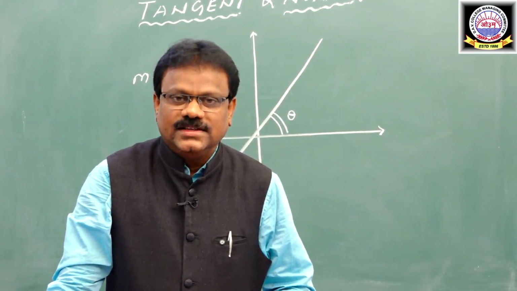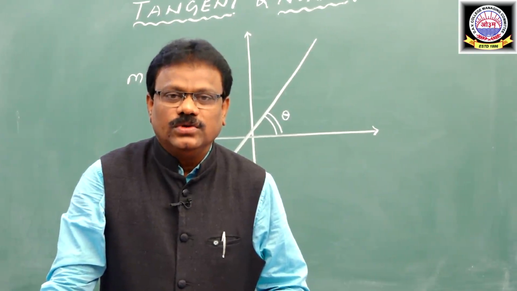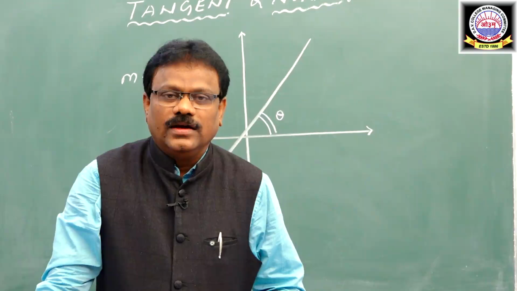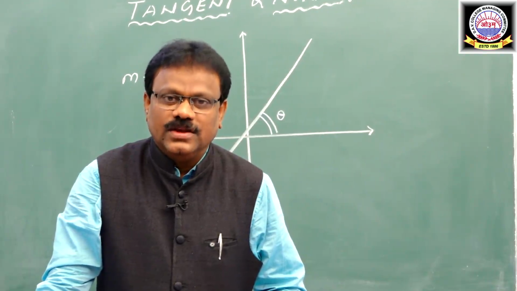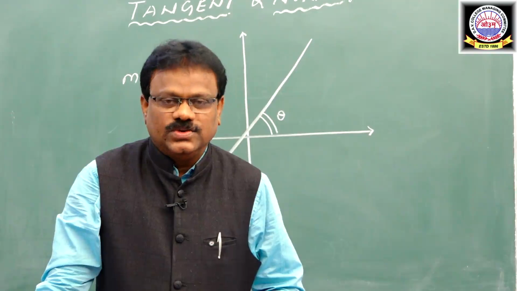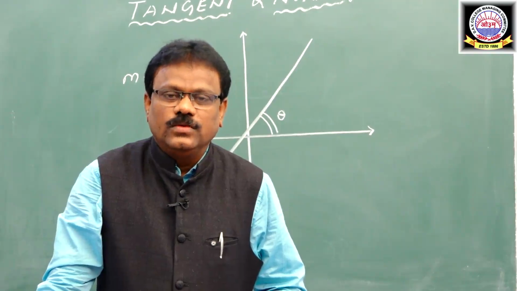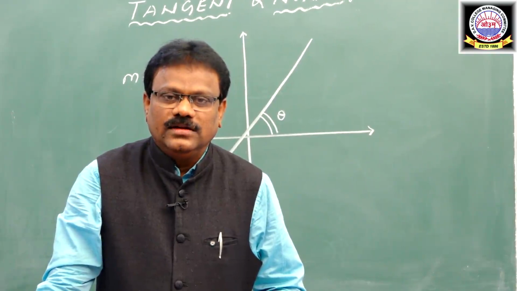In this case, the slope m is equal to y2 minus y1 divided by x2 minus x1. That means if the line passes through 2 points x1, y1 and x2, y2, the slope will be y2 minus y1 divided by x2 minus x1.